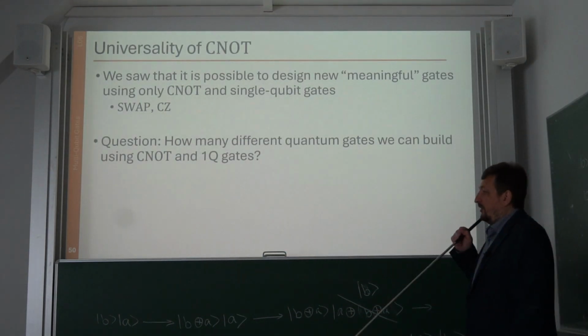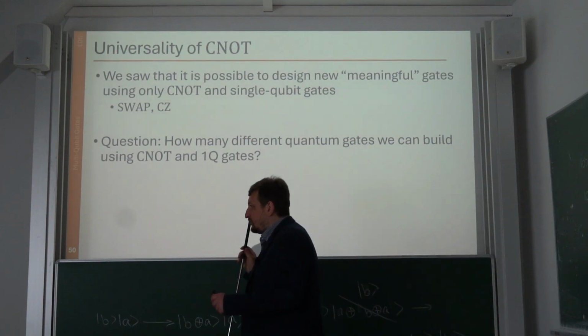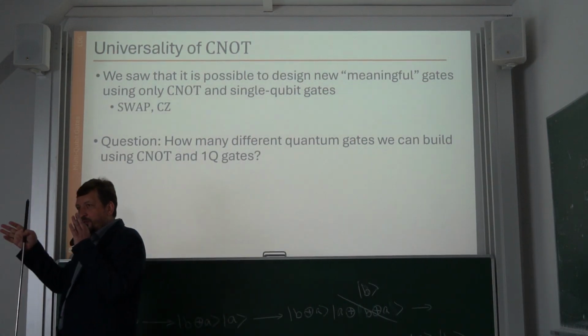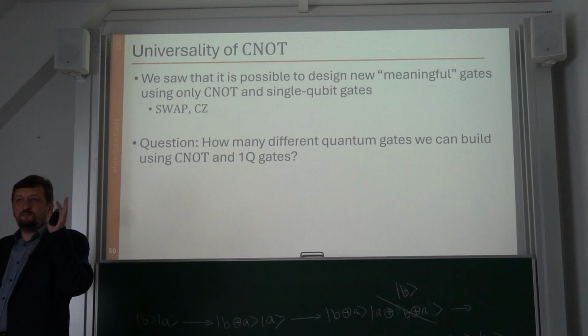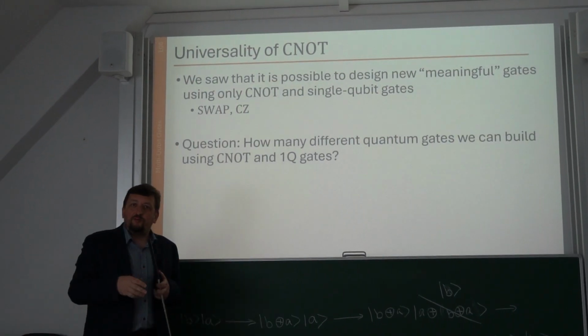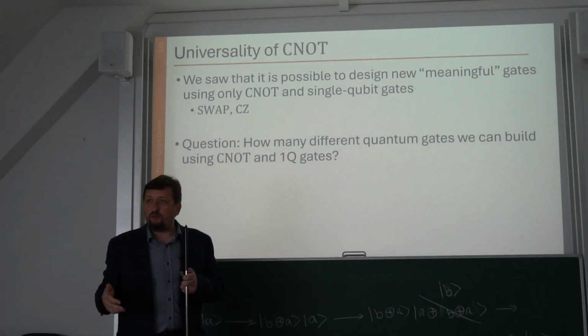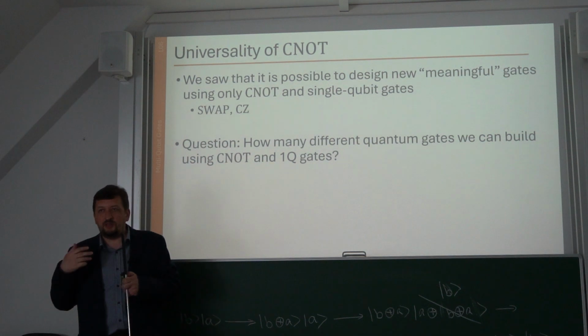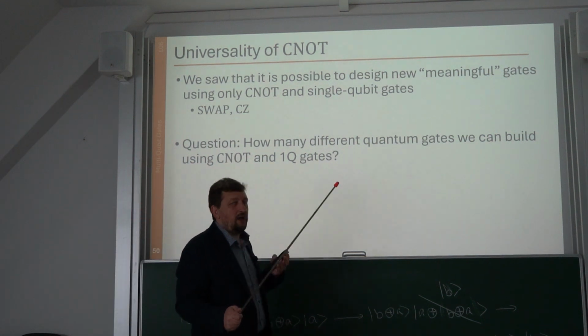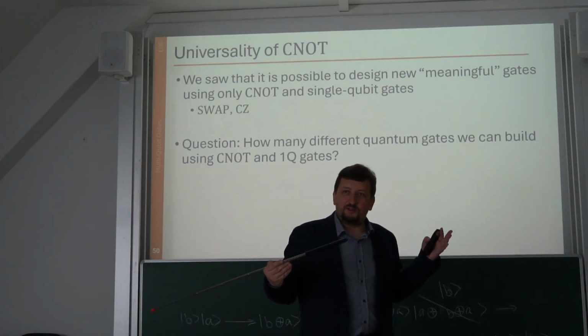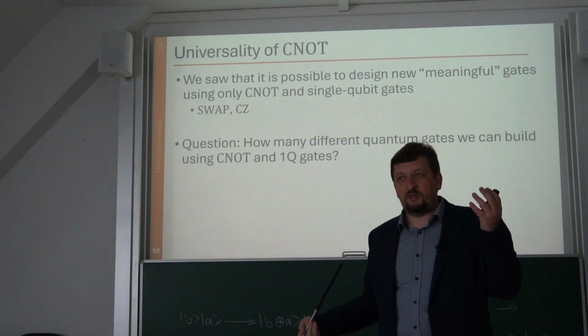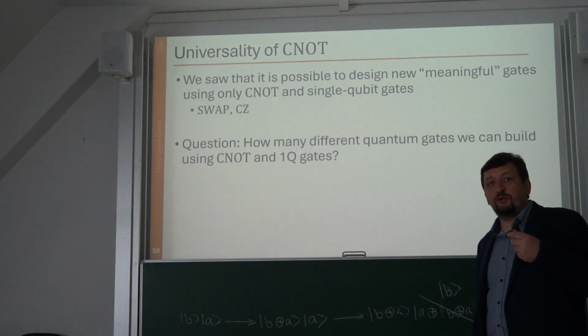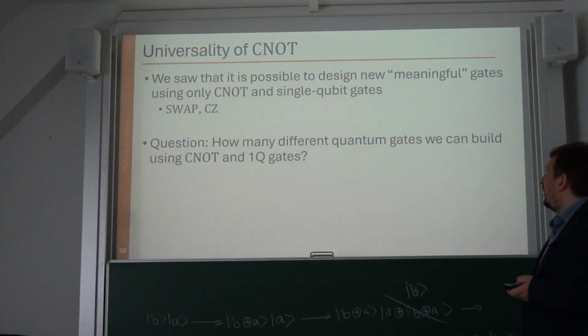Okay, so let's move on. We saw that we can create many circuits with C0. We can swap qubits, we can apply Control Z, and so on. So the question is, what is the maximum set of gates, or circuits or programs, that C0 allows us to build?